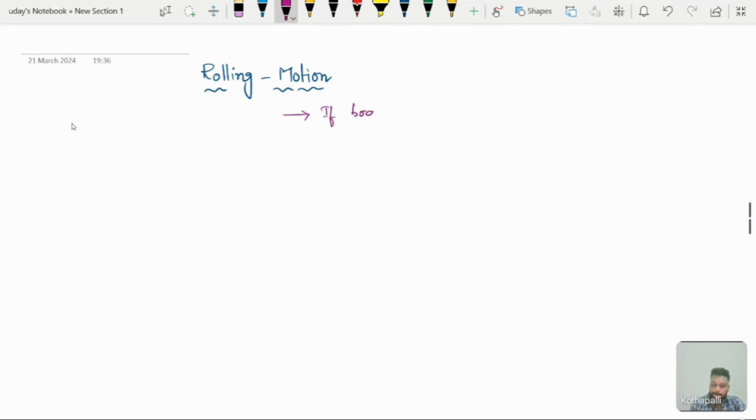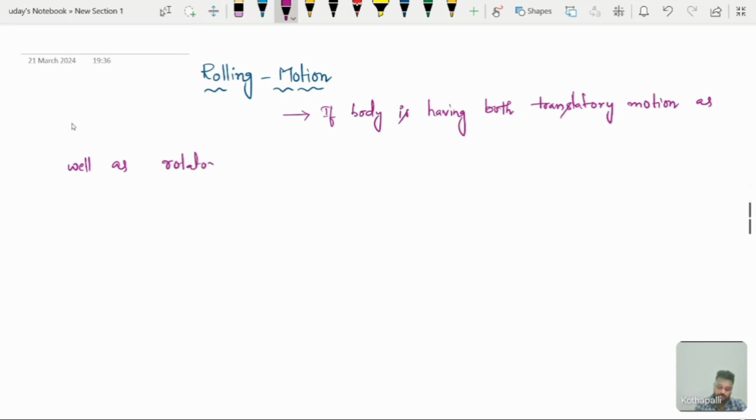body is having both translational motion, or translatory motion, as well as rotatory motion, then it is said to be in a rolling motion.